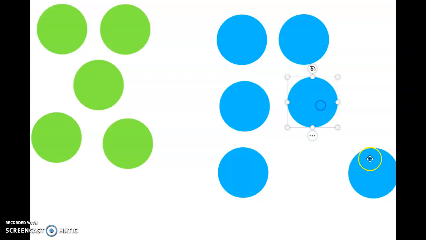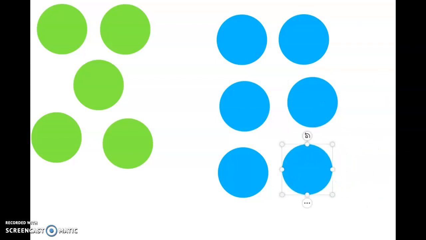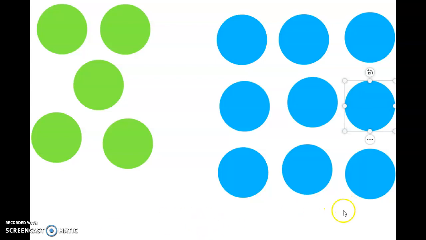I have green dots, I have blue dots. This time I want to know which one is greater. Which one is greater or more than? The green or the blue? The blue. How do you know?